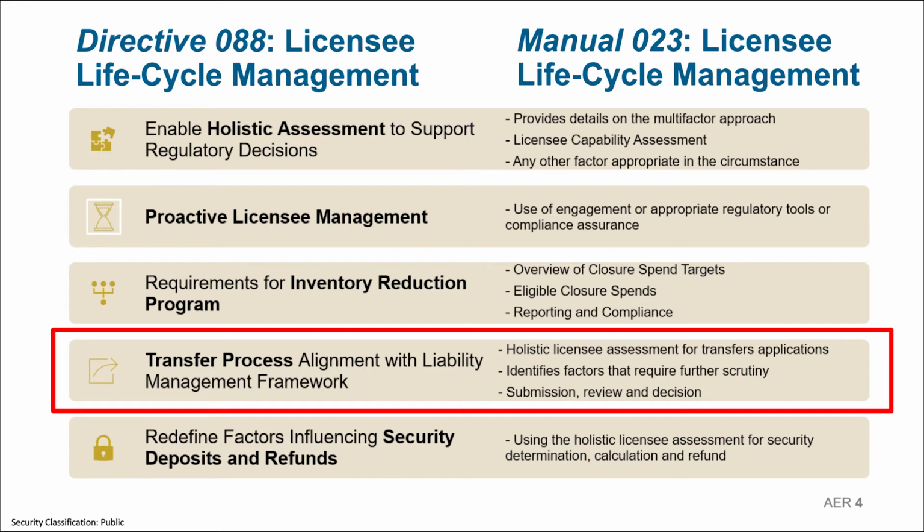Directive 88 is supported by Manual 23, which provides further details on the holistic licensee assessment and the LCA, and how the holistic assessment will be used for regulatory decisions for transfers. It is also important to note that the directive is being built in phases and will continue to evolve with future releases as we fully implement the Liability Management Framework, the LMF, and replace the Licensee Liability Rating Program.